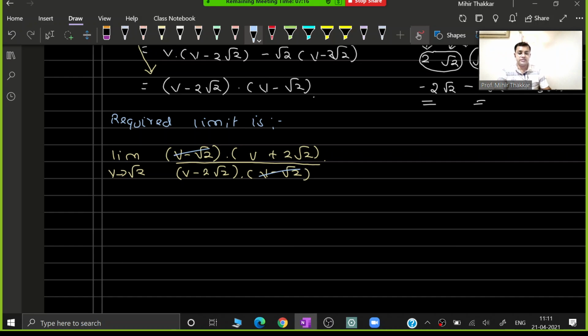So we will write the reason saying that v tends to root 2, v is not equal to root 2, so v minus root 2 is not equal to 0.